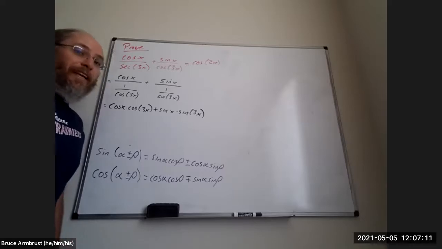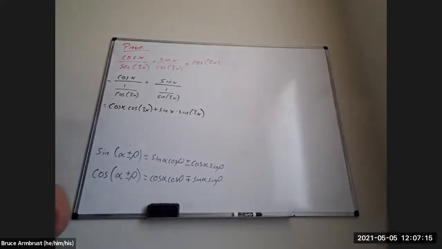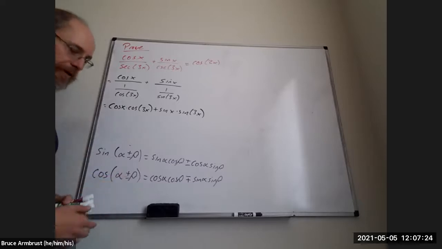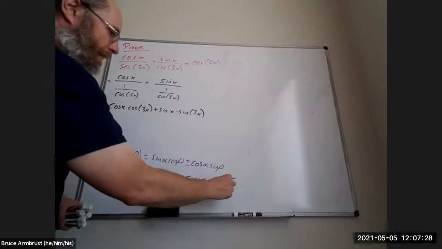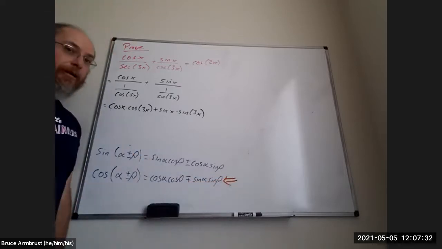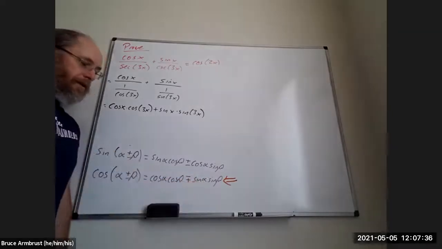All right, well, this is where the identities we just built come in. Notice this form: I've got cosine times cosine plus sine times sine. And if you look down, I actually still have this one on our list. I haven't erased it yet. That looks a lot like this one, right? Cosine times cosine, sine times sine.